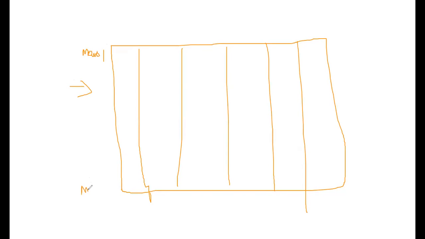How many movies? 1,664. So the movie names go like this, and this is variable 1. Up to how much will there be? 20.